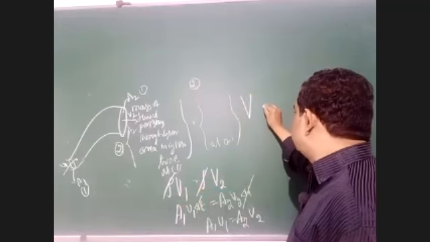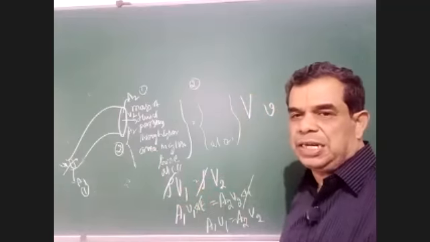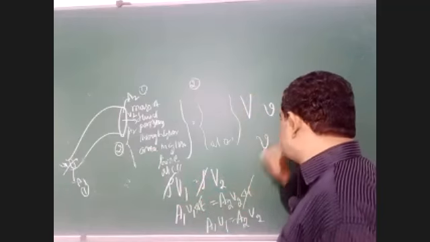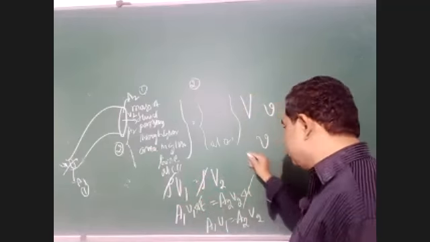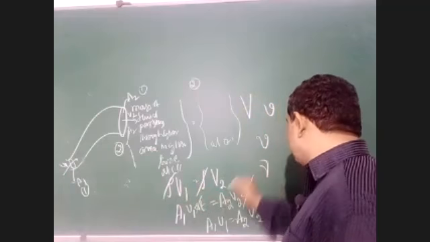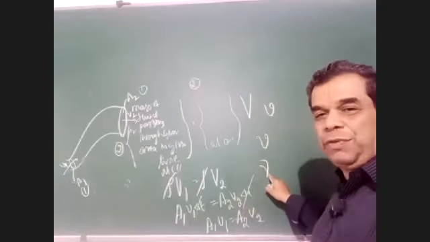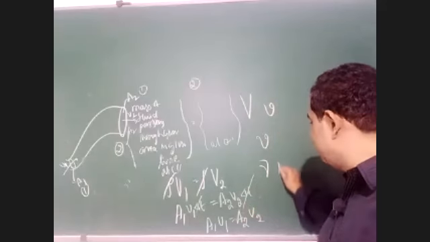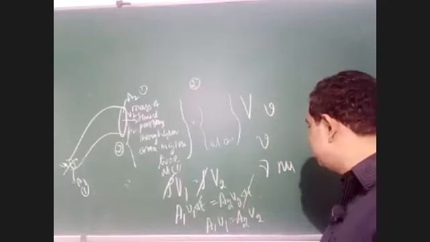For velocity, I usually write lowercase v in a slightly stylish manner like this. There is one more thing to confuse us, but we are not using it. If you write like this, what is this? This is a Greek alphabet, nu, which is used for frequency. That we will learn later on.